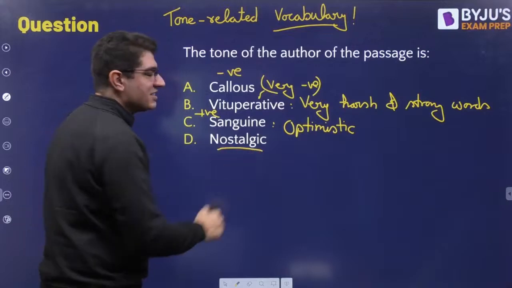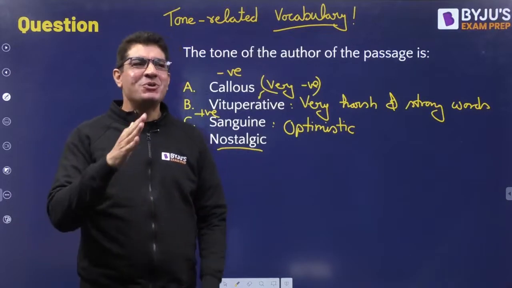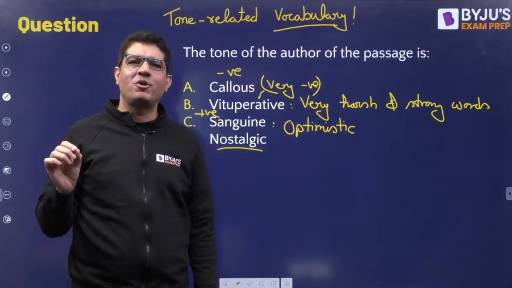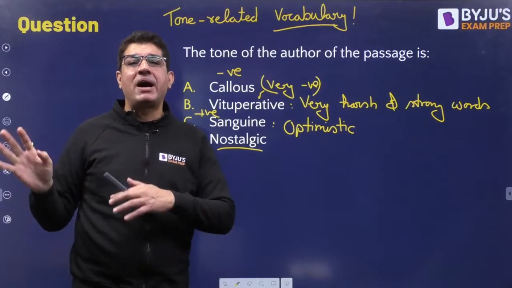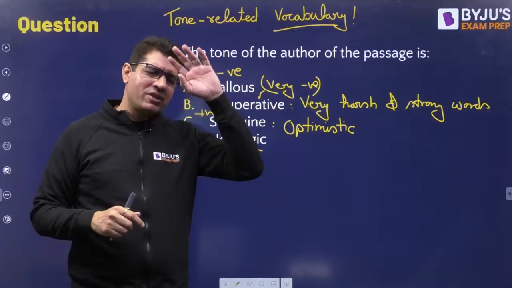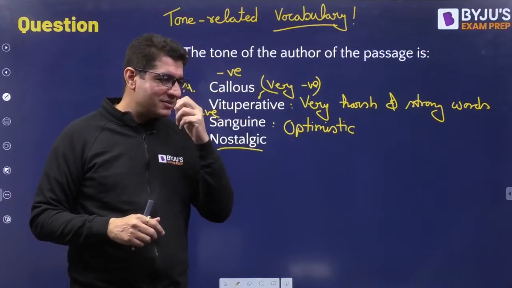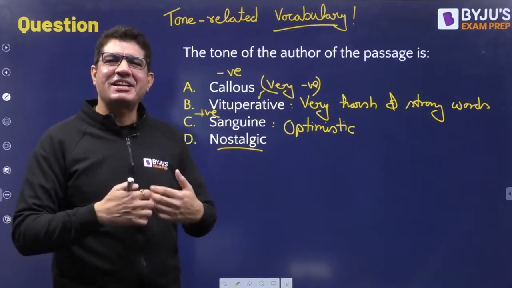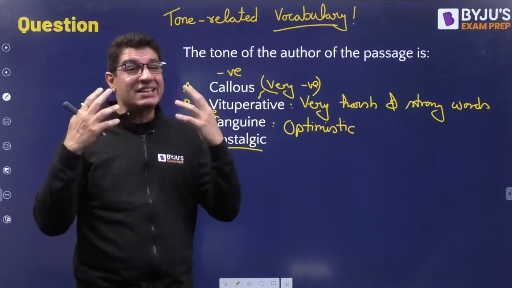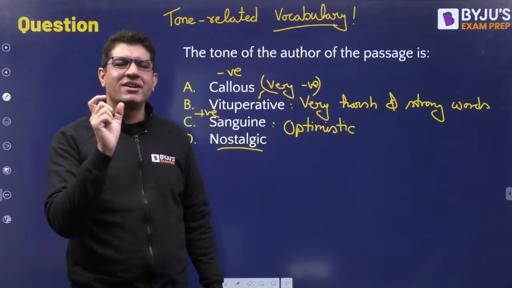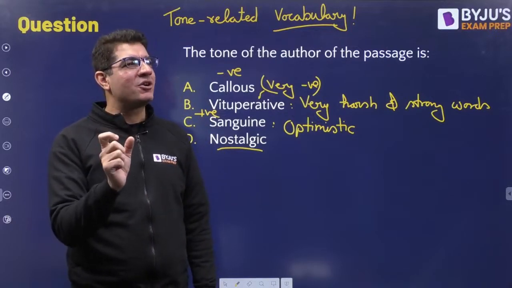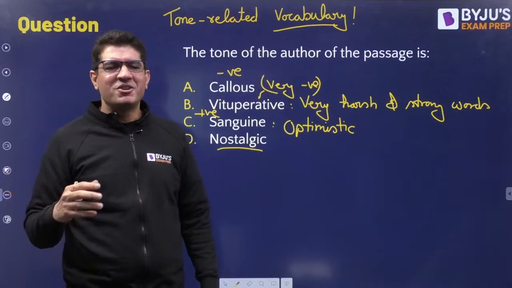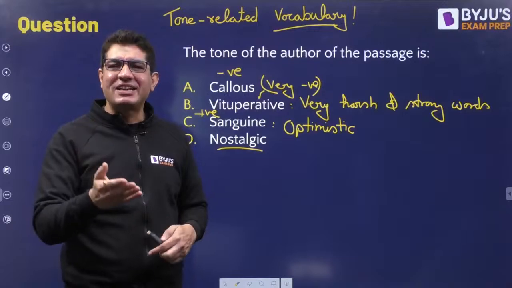And then nostalgic. If you're nostalgic, you are recalling a very pleasant moment of your life from your past. Now, the past may have something really joyous, happy, ecstatic that happened, and now you are mentally reliving that moment, and you are also thinking, I wish I could go back to that time.